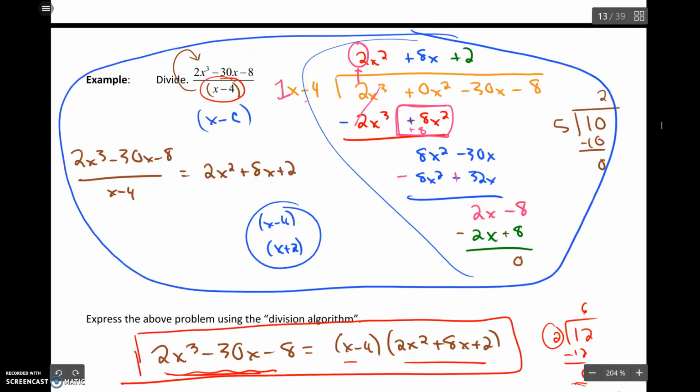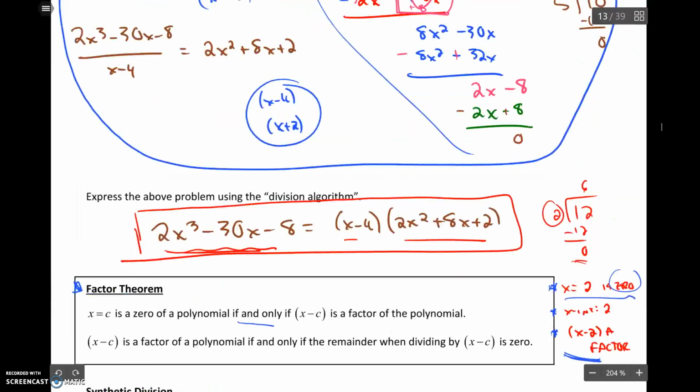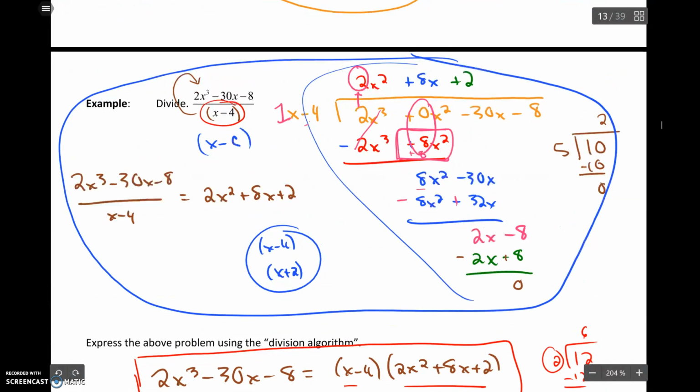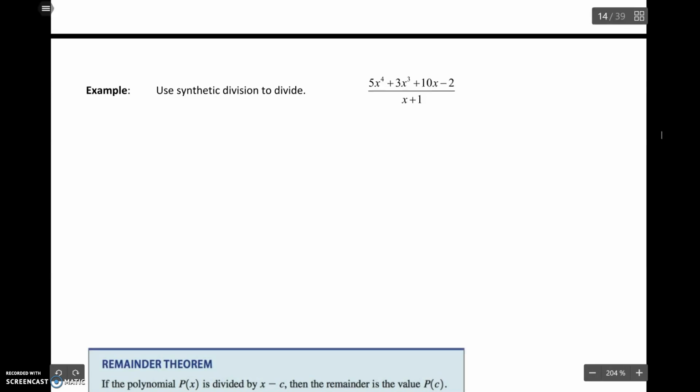So 2 times 4 gives me the 8. Then I add the 8 and the 0. Bring down that number. Whatever number gets brought down here is the number that goes next. Spend more time with it, or if you want to come talk to me, I'll spend hours talking about it. But in this video, we're just going to know it like this, or do it like this, okay? So there we go. That's it. Let's do another one.